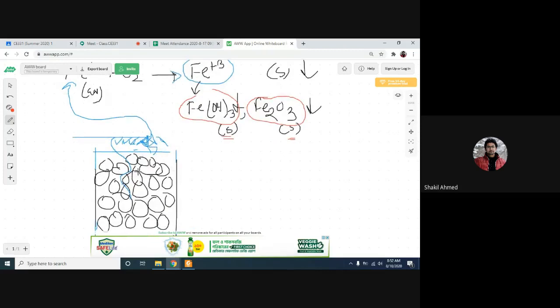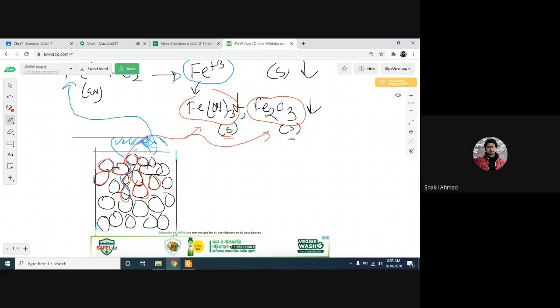So they will make a layer of solid here. This red color is actually the layer of what? Ferric hydroxide, ferric oxide, these things.